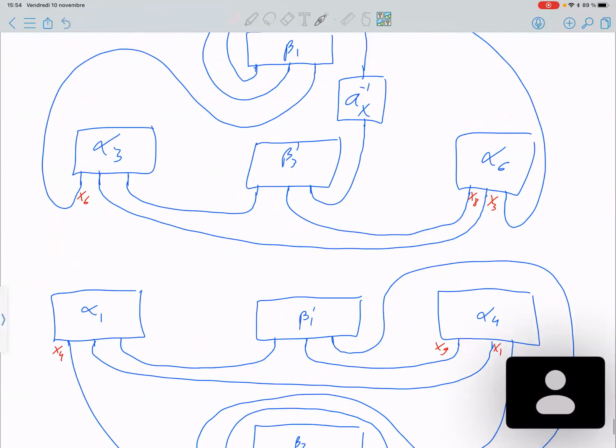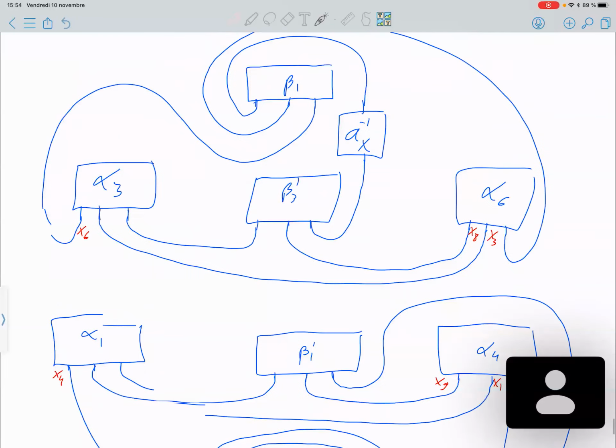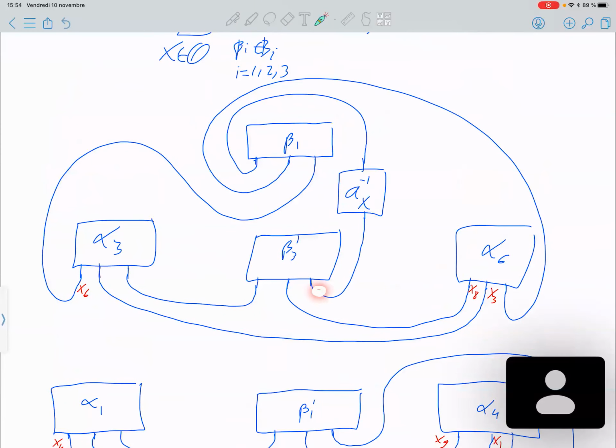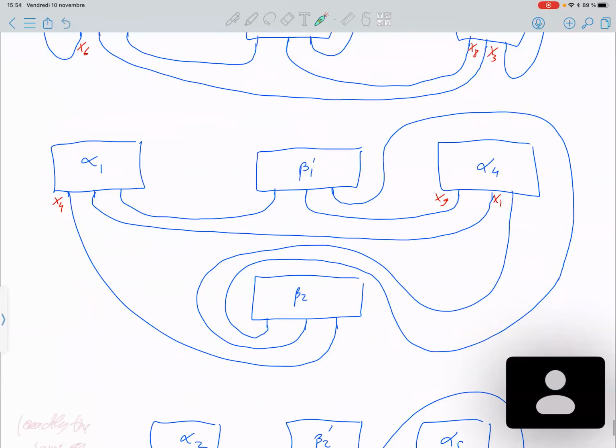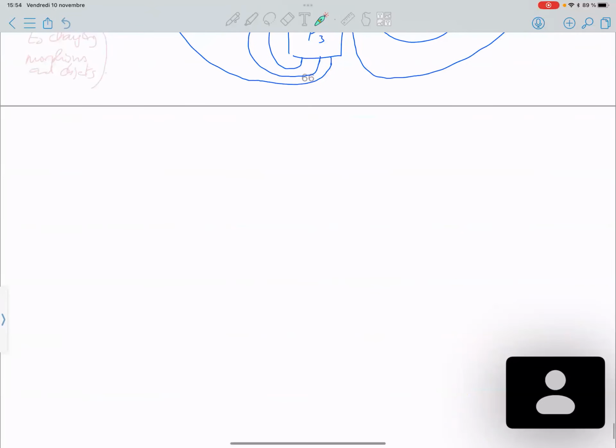We will also need to move this pivotal structure here by applying lemma 2.5, because this is the definition of sigma: the natural transformation sigma is something like adding a pivotal structure. So we move this here, and then you have some rho to consider, and to recover the exact shape of a monoidal tetrahedron.